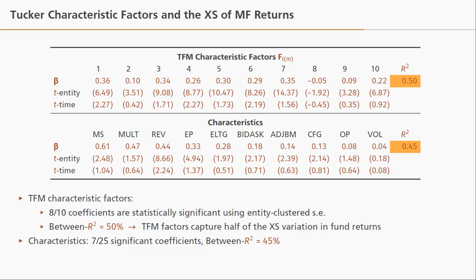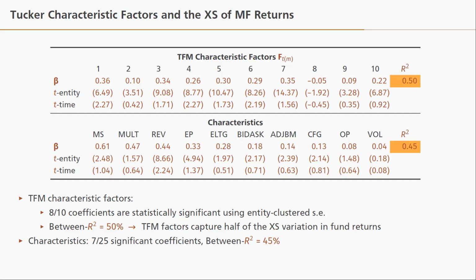And for the entity clustered, I essentially get significance for 9 out of the 10 factors. For the time clustered, of course, since I have a very short time series, these T's are much lower. It tells me that the identification mostly comes from the cross-section, which is the way it is.